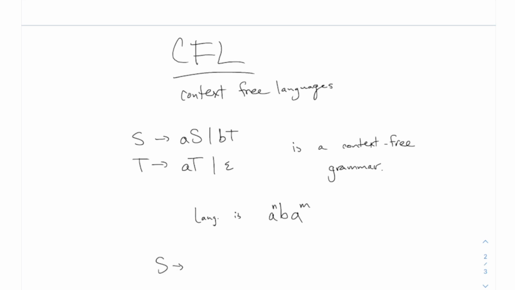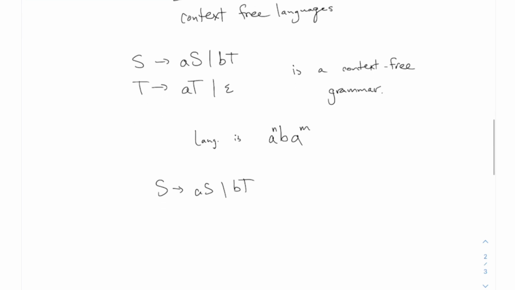Something like S goes to AS or BT, and then ABT goes to AB, T goes to epsilon. How about that? ABT goes to ABS. This one is not a context-free grammar because of that middle one.